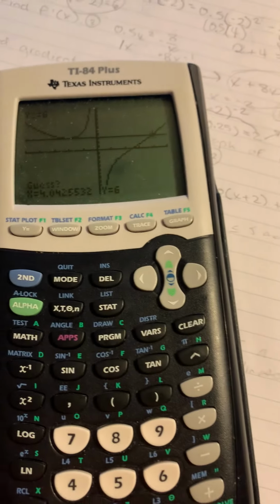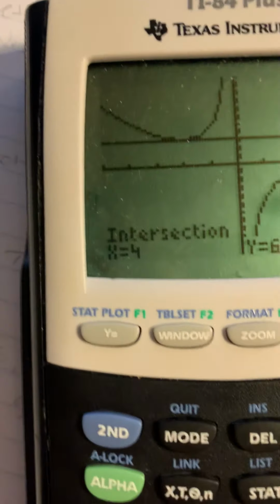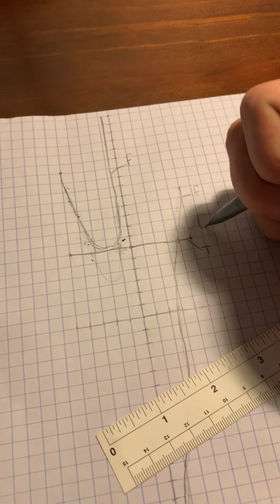I'm going to hit enter 3 times. And look at me, I was right. So this intersect right here is 4, 6. So the final answer to part G is 4, 6 is where they intersect.